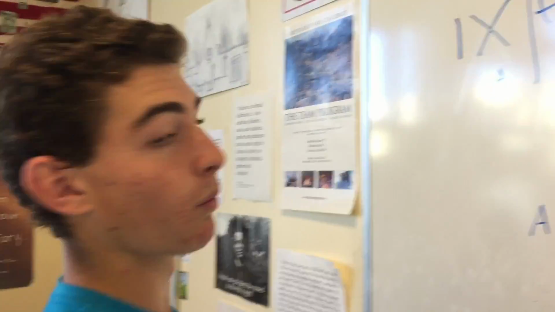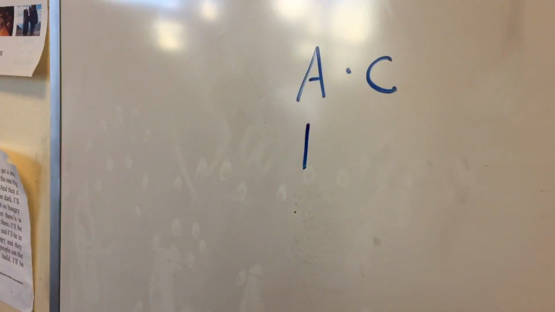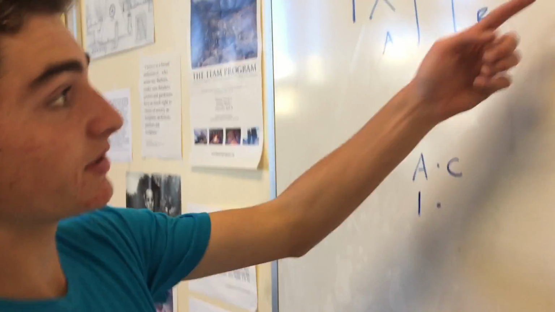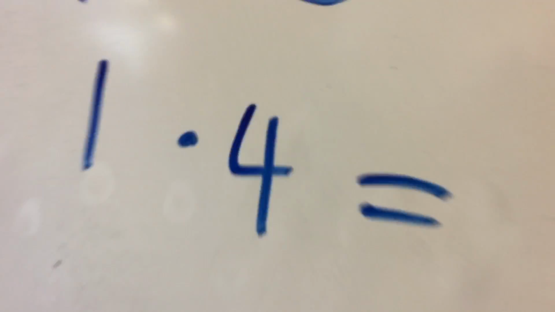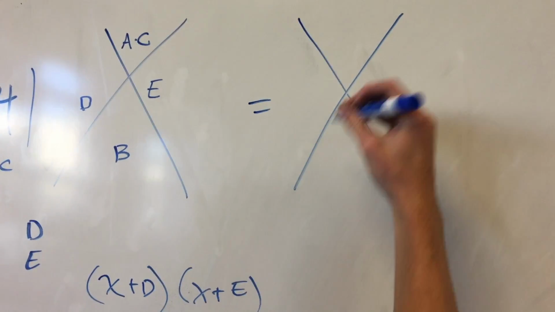So A is 1 times C, 4. So what's the answer to 1 times 4? I'll give you a few seconds to figure it out. It's 4. So, A times C is 4.